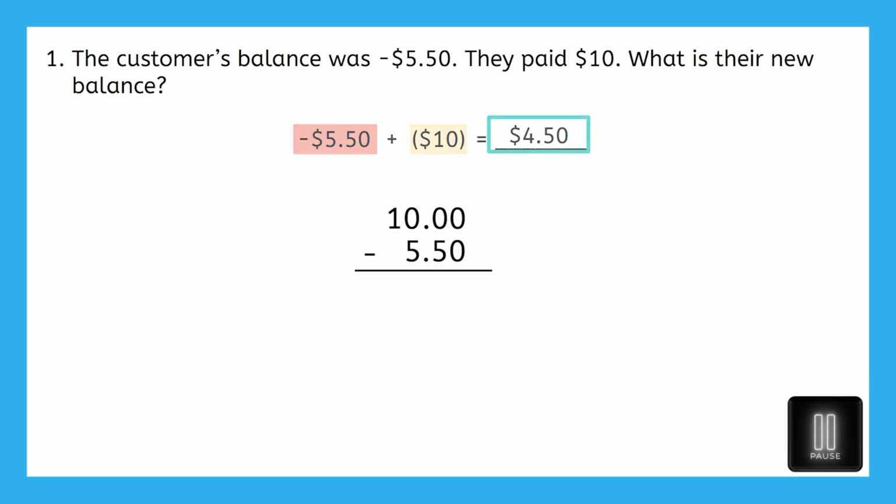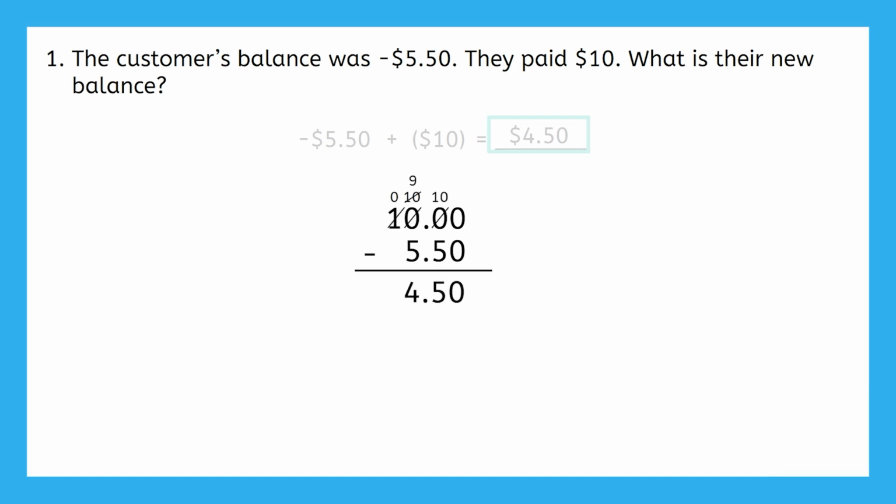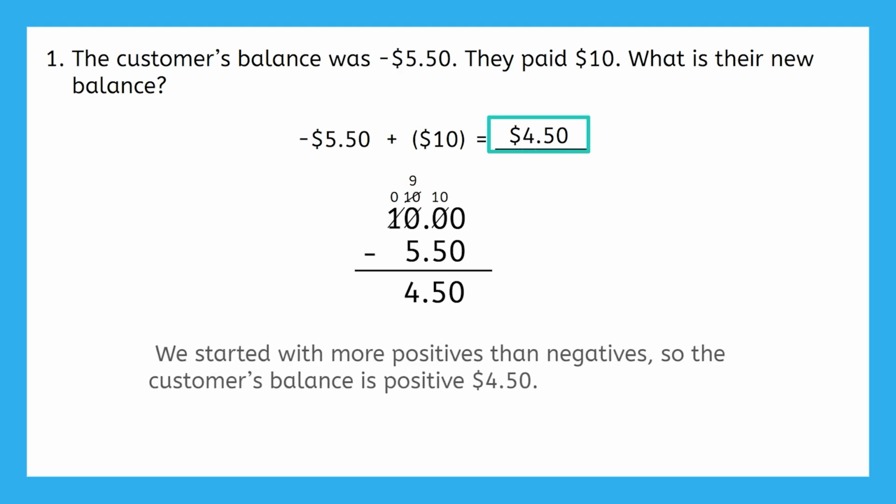Pause here and finish the subtraction yourself. We started with more positives than negatives, so the customer's balance is positive $4.50. We found the same answer with both methods. And since they paid more than they owed, they need $4.50 in change.